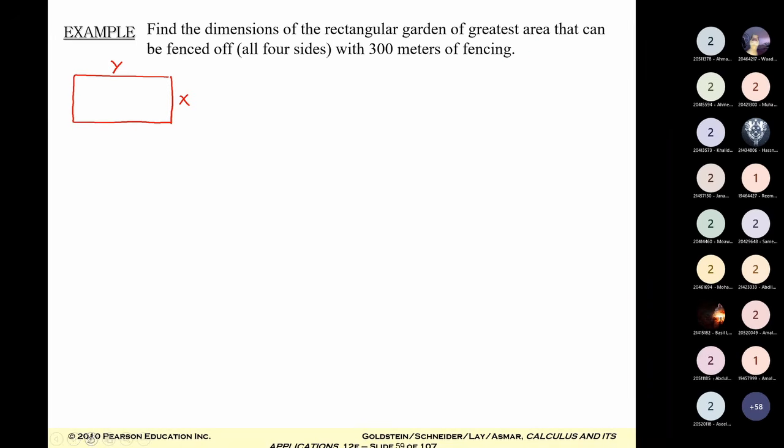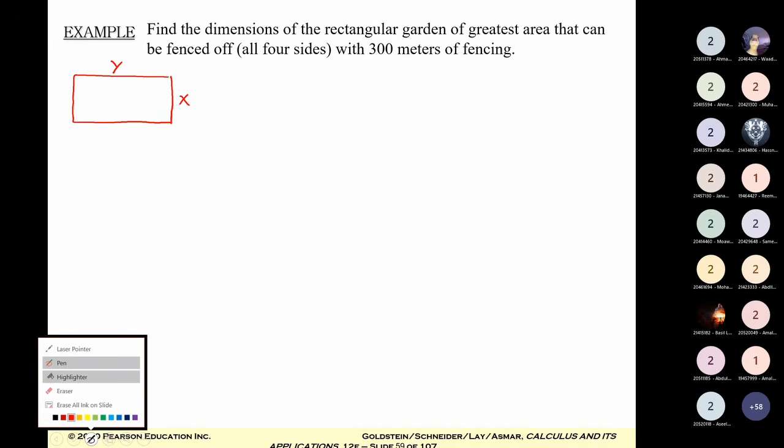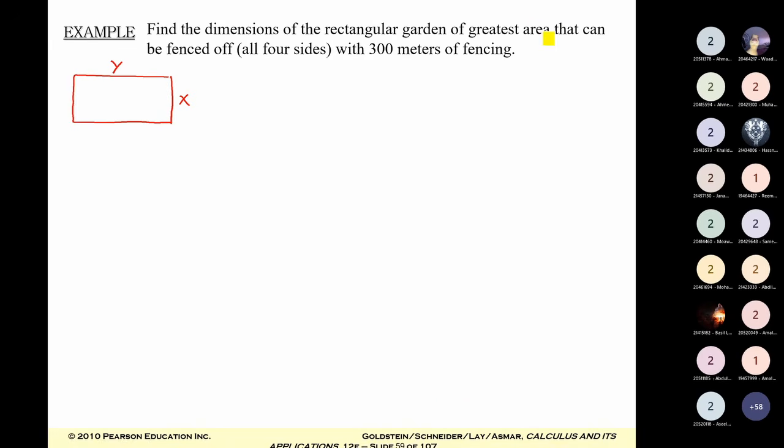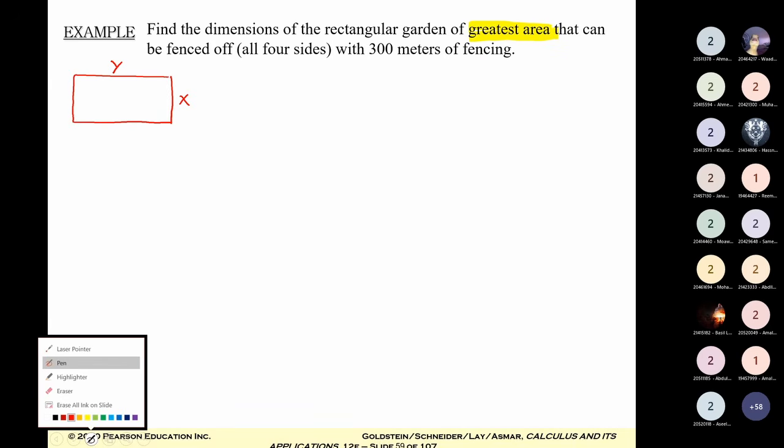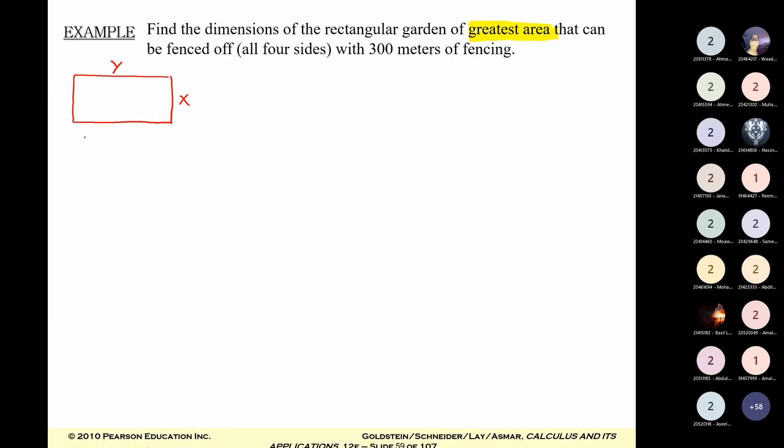So this needs the greatest area. Look at this, greatest area. What's the meaning of greatest area? We need the maximum or minimum area? We need the maximum.